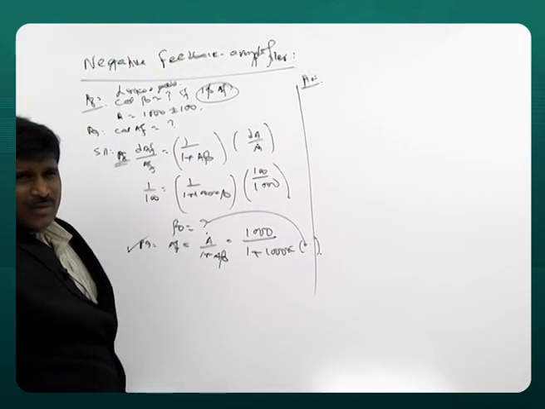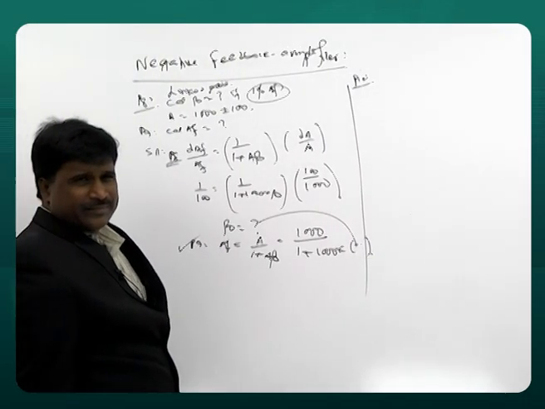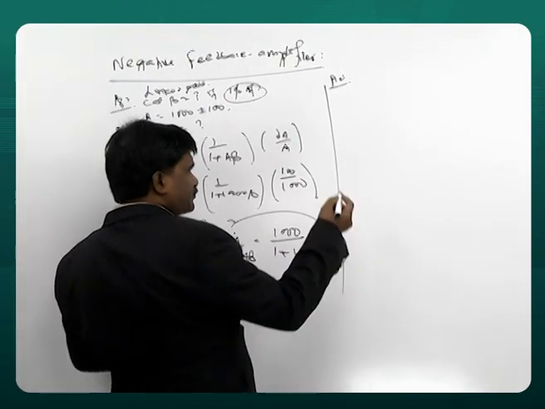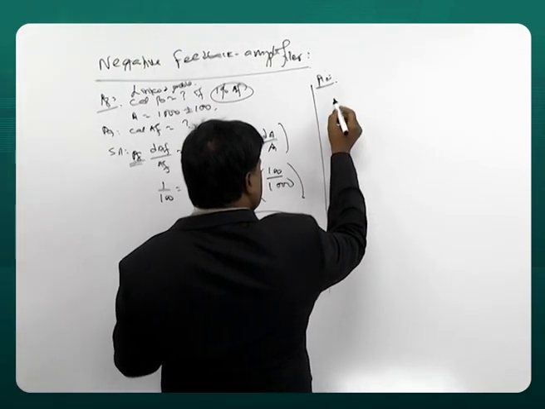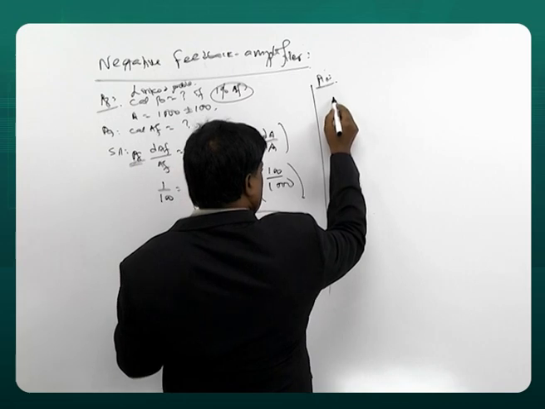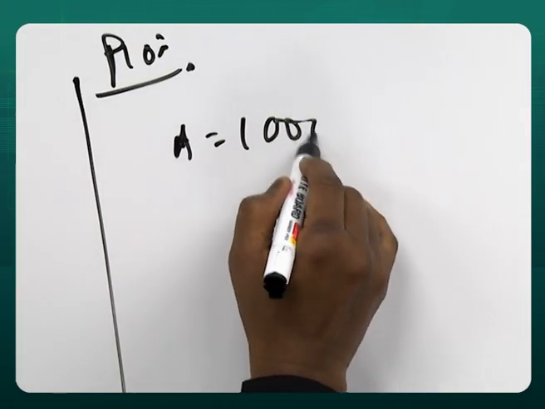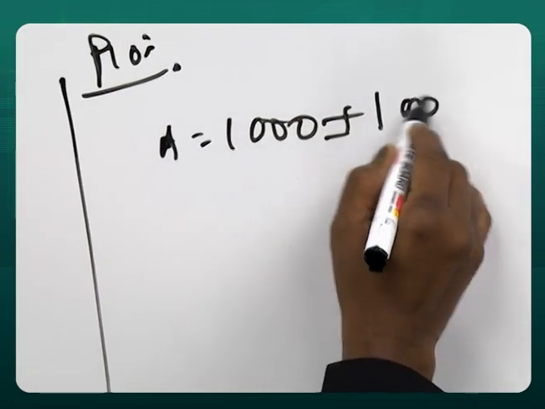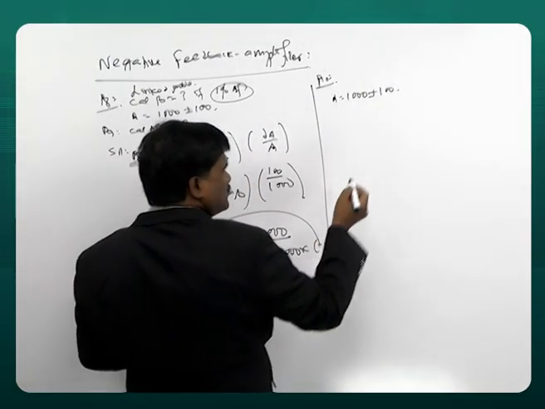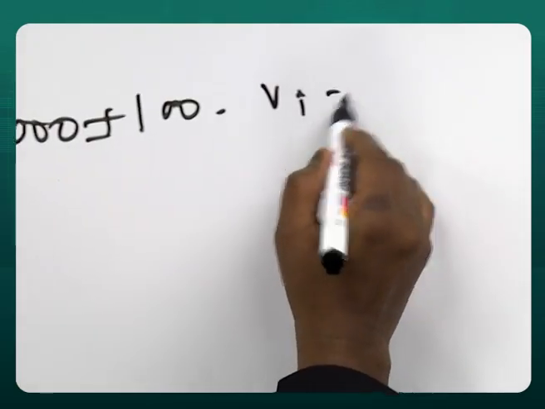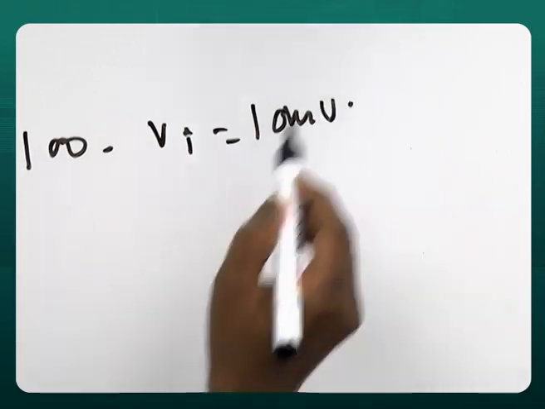Last problem, problem number 10. A is 1000 plus or minus 100. Input is 10 milli.